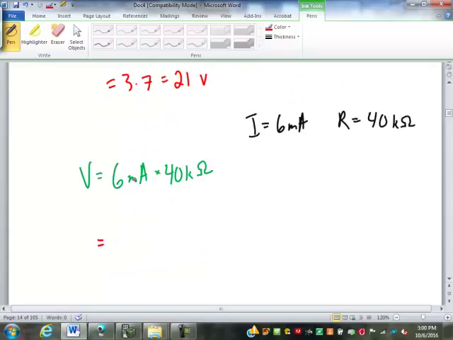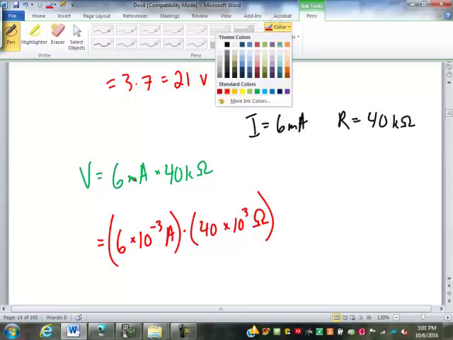So 6 milliamps. Milli was what power of 10 again? Negative 3. This is 6 times 10 to the negative 3 amps. Times 40 kilo, which was 10 to the positive 3, kilo ohms.